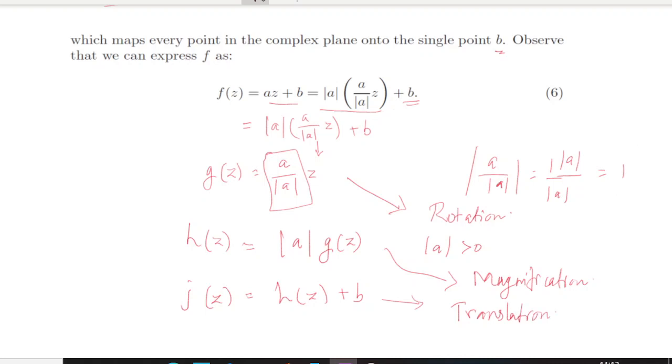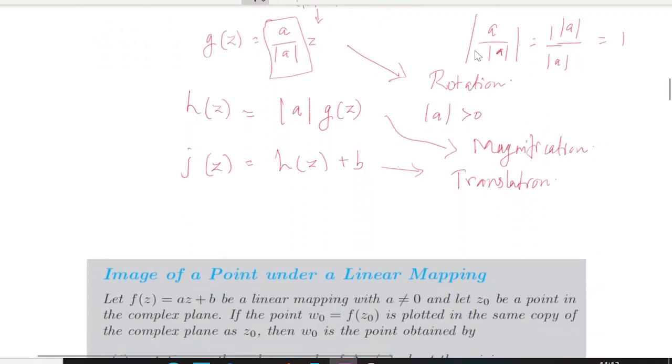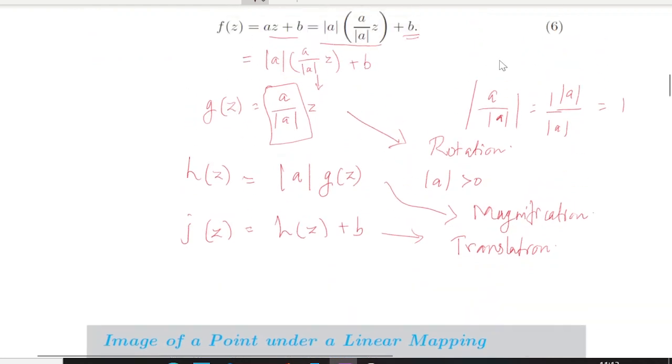I can express f(z) as j composition h composition g of z. So this represents j(h(g(z))).